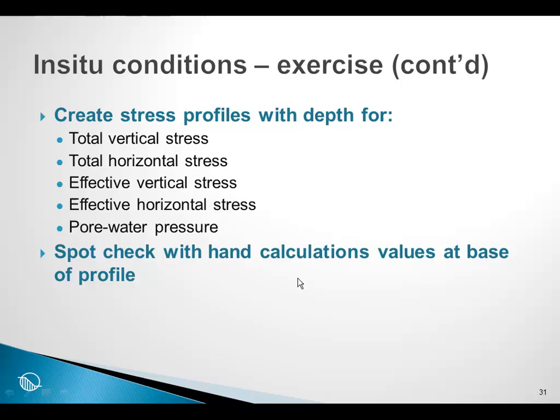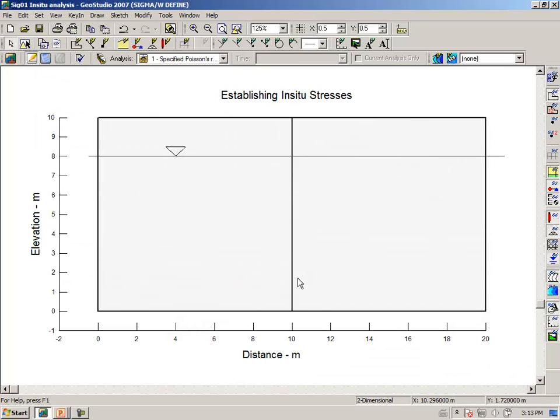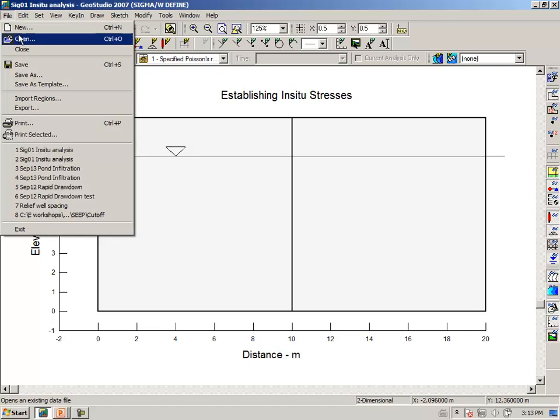So let's go then to GeoStudio and open up the file SIG01. File, open.